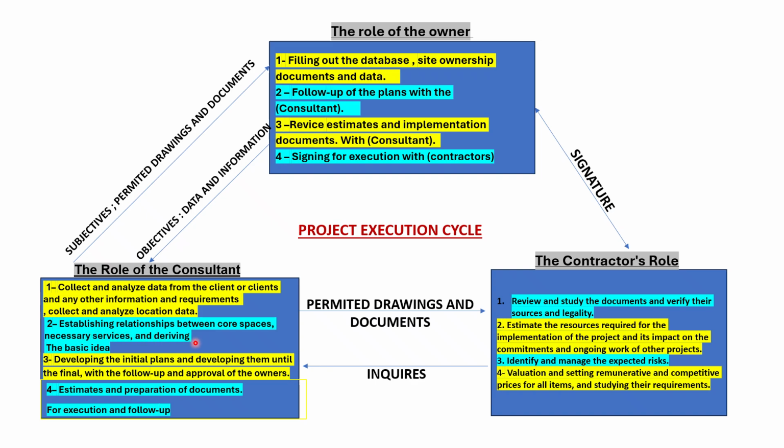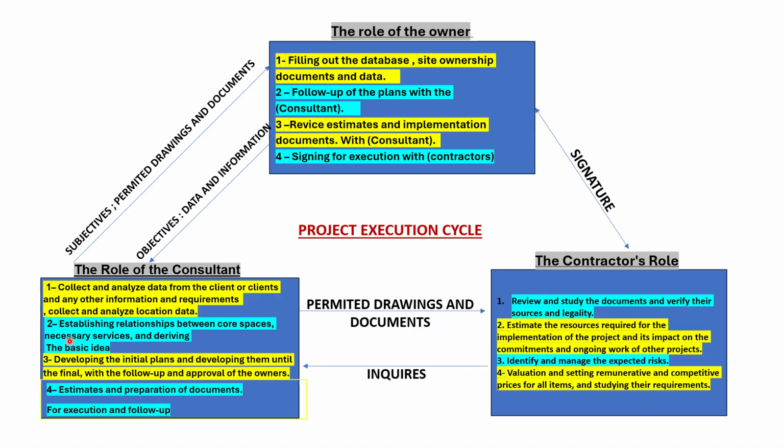Establishing the relationship between core spaces and necessary services, and deriving the basic idea. This basic idea we can call the conceptual design, or the concept of the design. He combines the information from that analysis, and then goes to another stage: establishing the relationship between these accommodations.